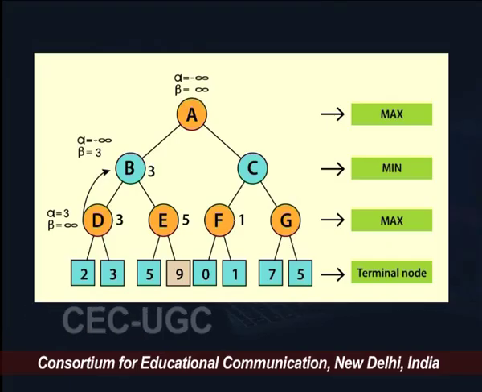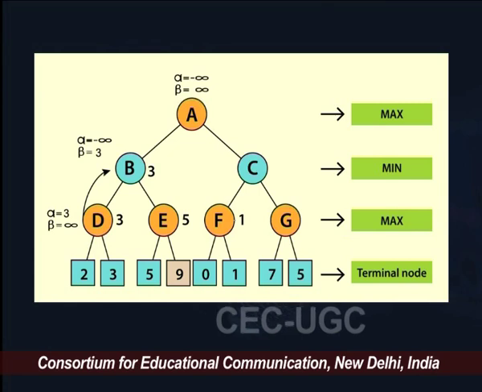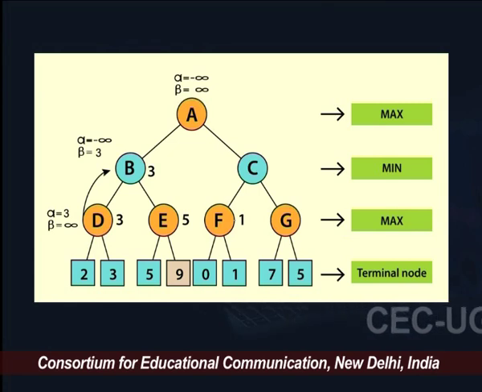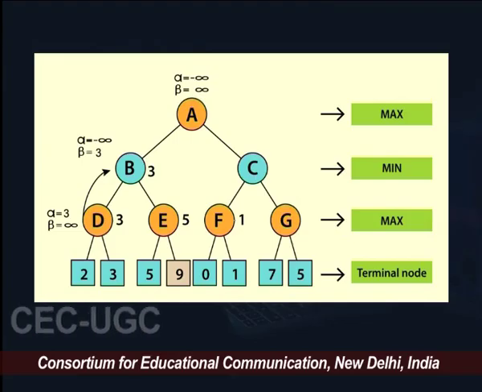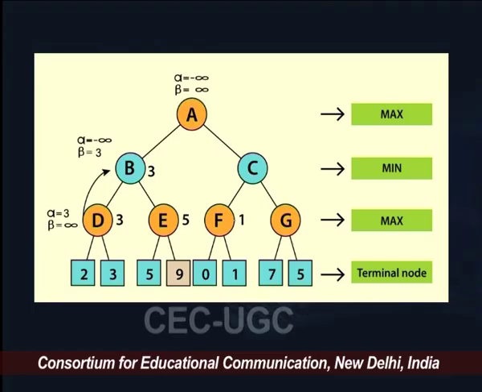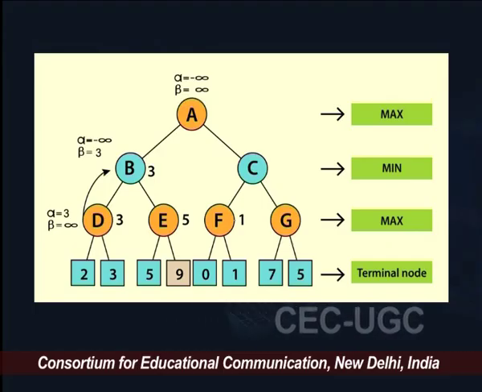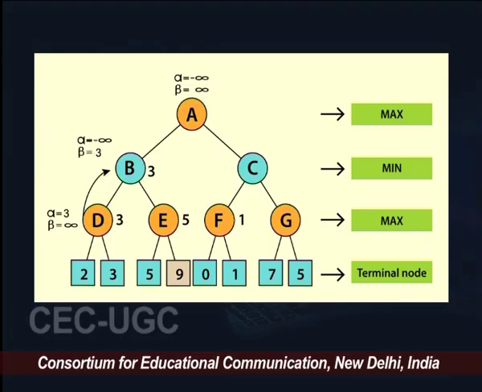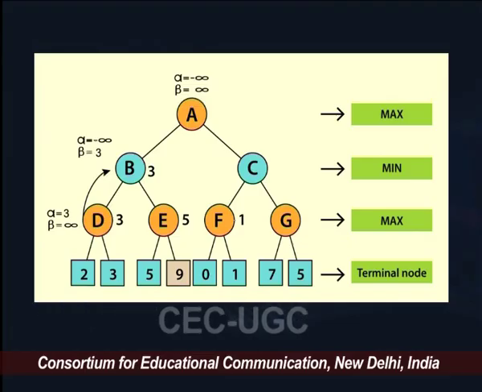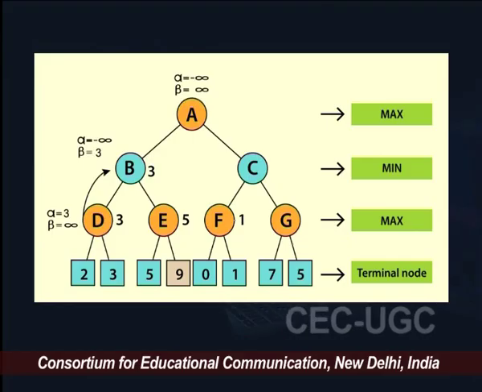If you look at the ply of D, E, F and G, this is a max ply. We need to calculate the value at node D, which by the minimax algorithm is the maximum of 2, 3, which is 3.